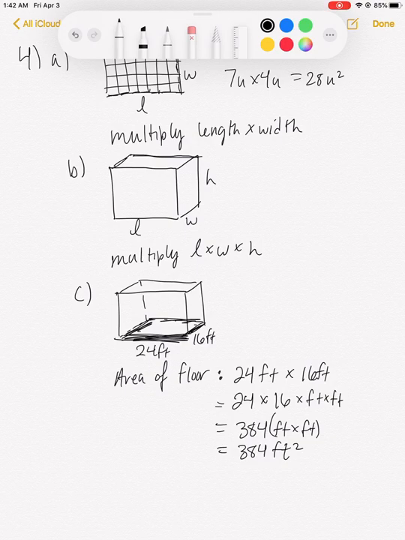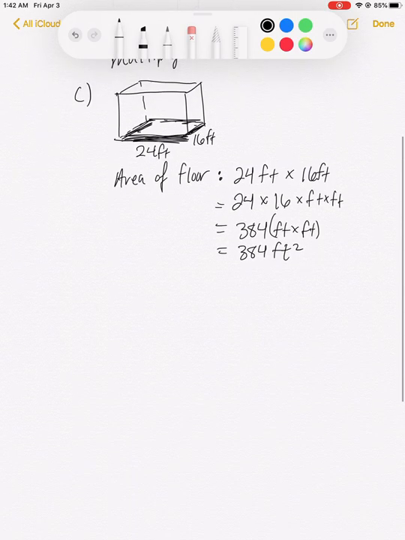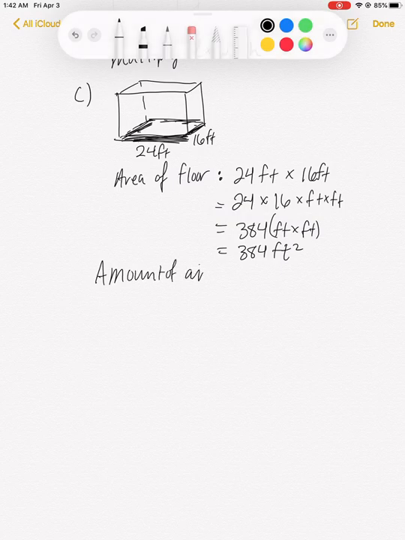The next part of the problem says, what is the area of the floor, and then how much air does the room hold? So the amount of air is what we're going to calculate next, which is equal to the length of the floor, the width of the floor, and also the height. The height of the building is 8 feet, so we're going to do 24 feet times 16 feet times 8 feet.